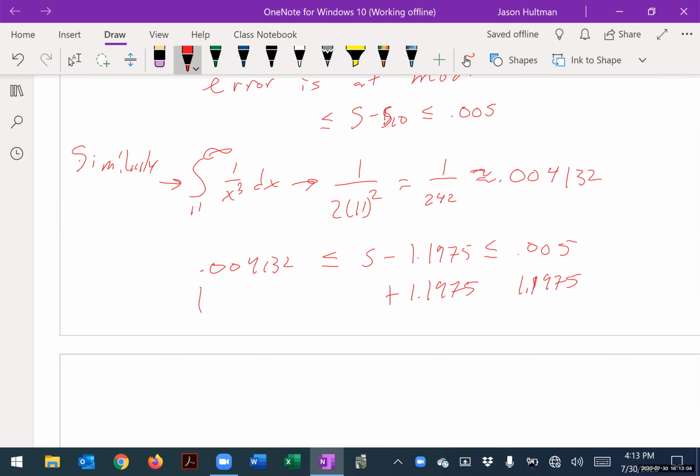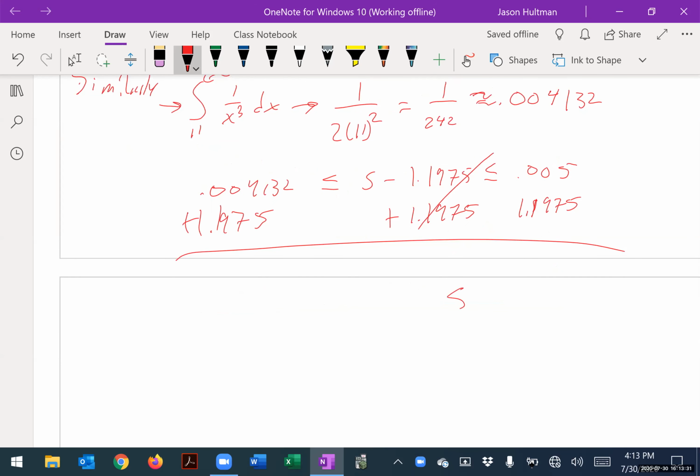This gives us an approximate region to look for our true sum, what this thing is going to truly converge to. It gives us a ballpark to work with. So we know that S is somewhere between 1.1975 plus the answer that I got.